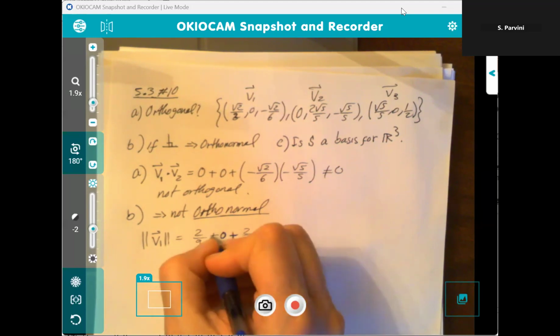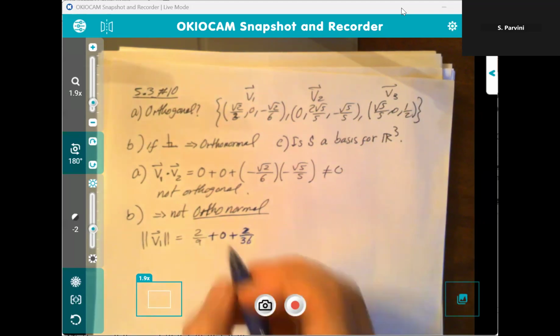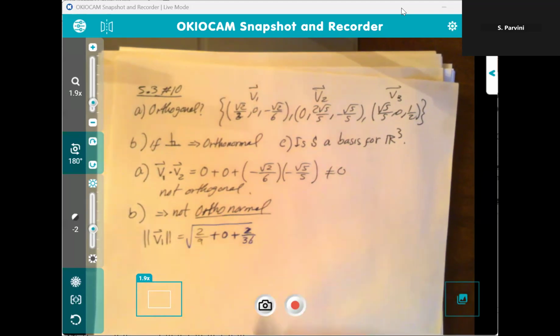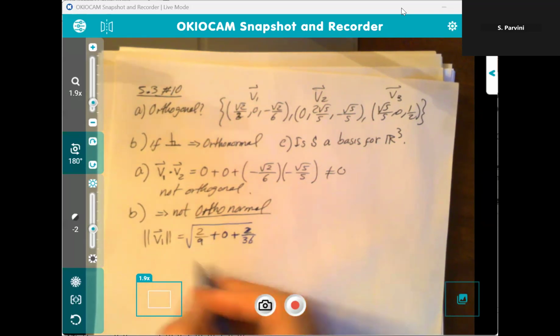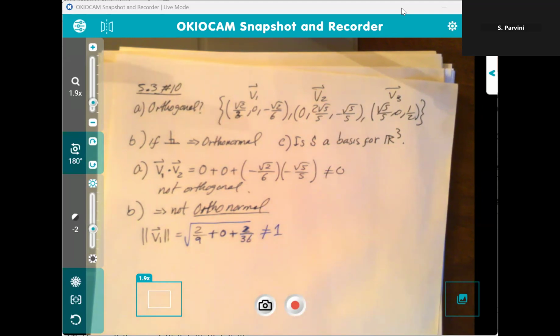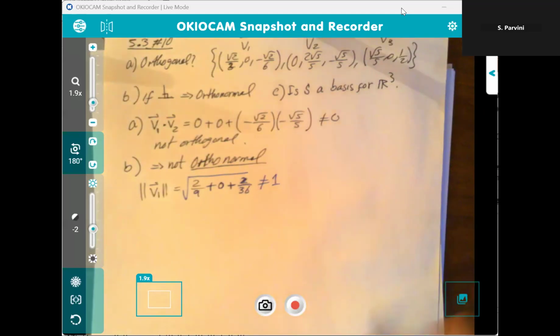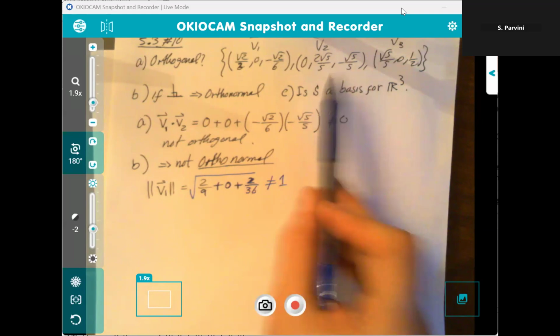Okay, so that's the magnitude of this vector, square rooted. And you can see clearly this square of that is not 1. When you combine those two fractions, you don't get 1. So they're not orthonormal. They're not only not orthogonal, they're not even magnitude 1. Now in part C, is this a basis?